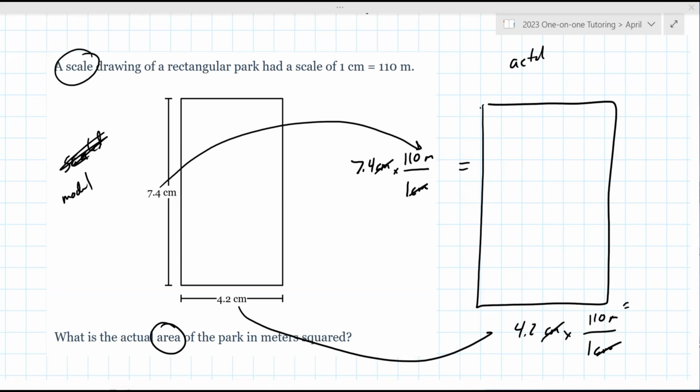Sorry, we kind of went too fast. All right. So just trying to show you the calculations here, but really just doing the same things as last time.